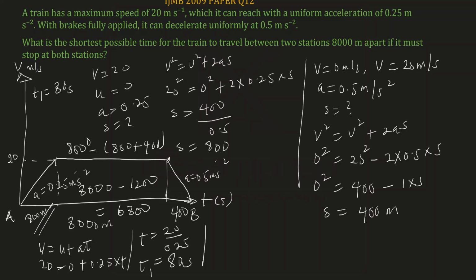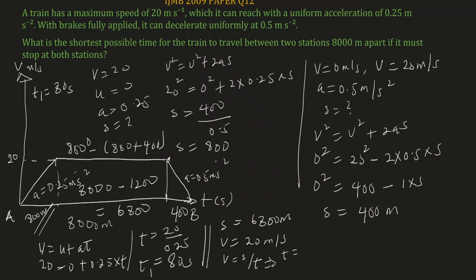Now for the second part of the motion, the distance covered is equal to 6,800 meters. The speed was constant, so it maintains a constant speed of 20 meters per second. If we have constant speed, you can say that v equals distance over time.